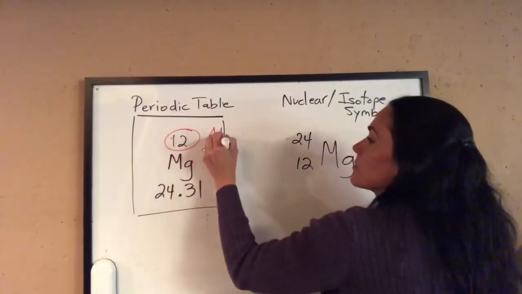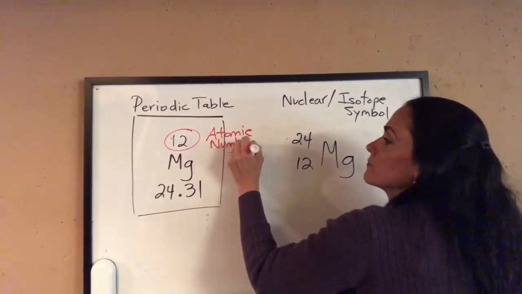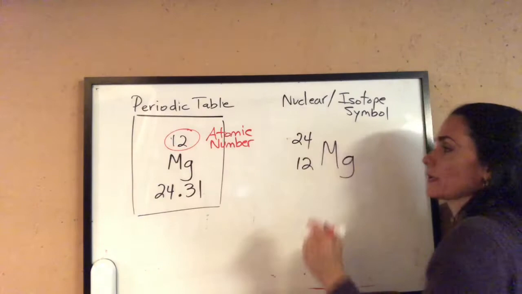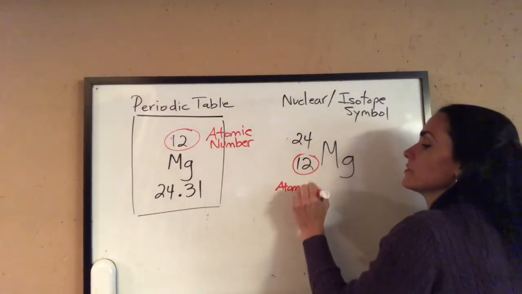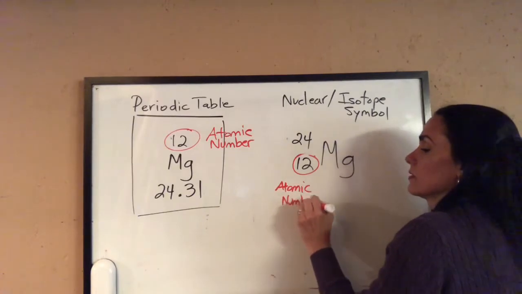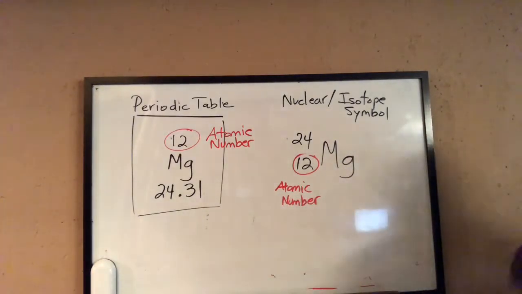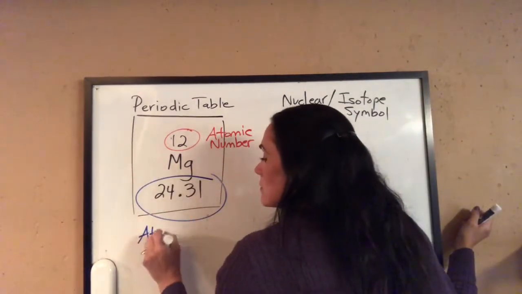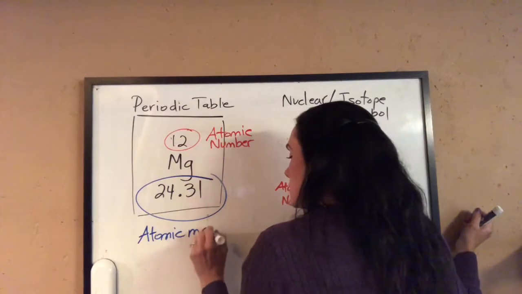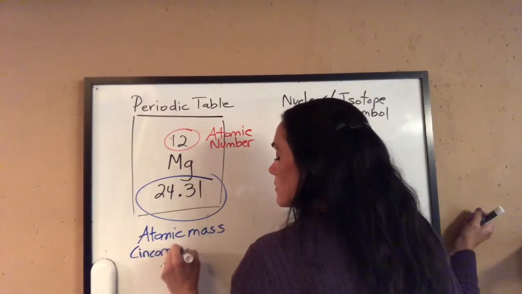Remember, atomic number is at the top on the periodic table. It's on the bottom left with the isotope symbol. The periodic table shows the atomic mass, which incorporates all of the isotopes.